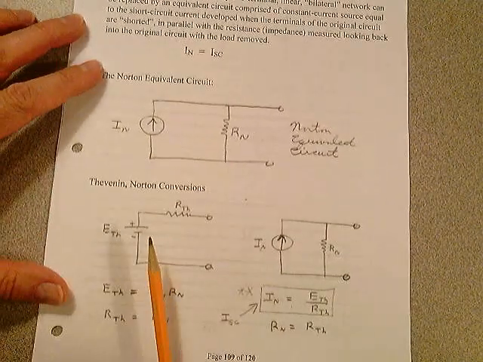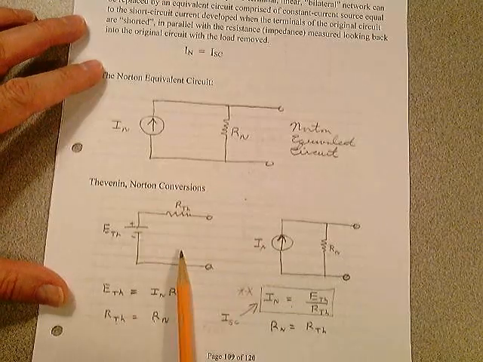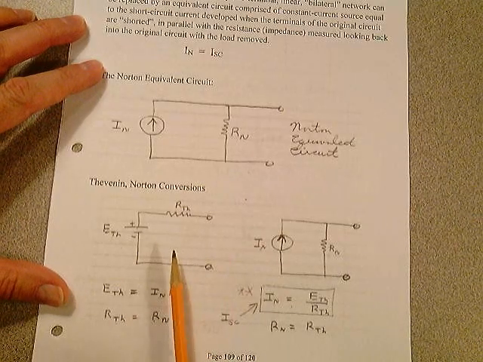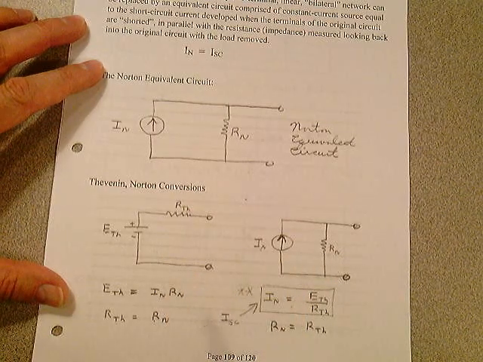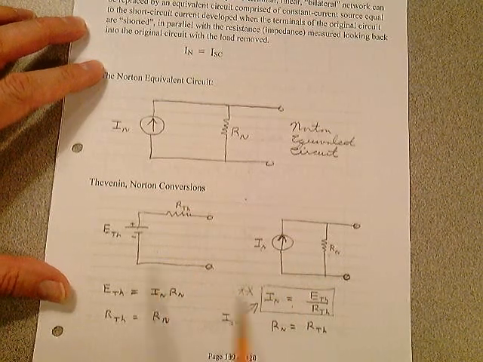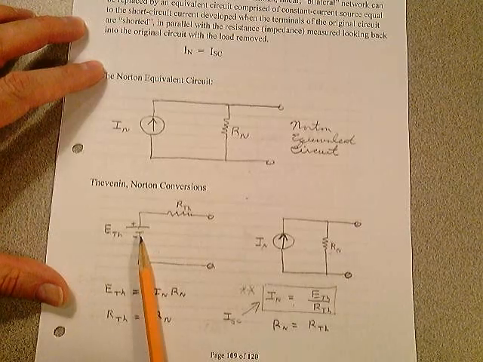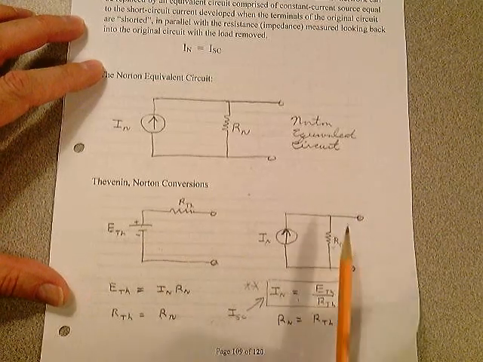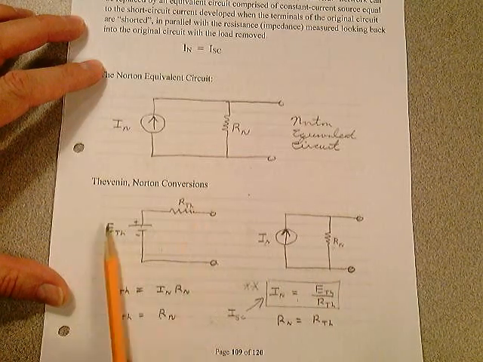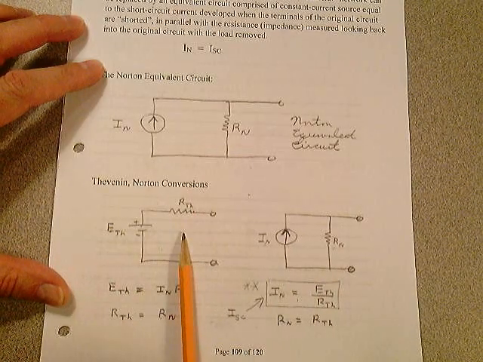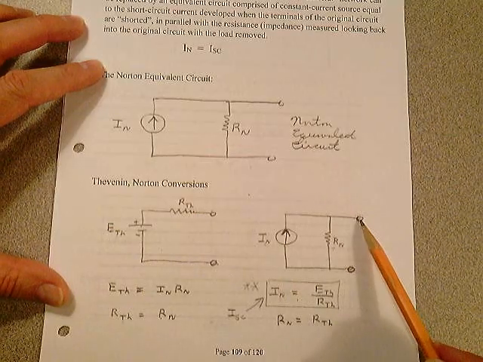If you remember the Thevenin equivalent, it looked like this. And we had source conversions that took it from here to here and from here to here. You didn't know you were doing that at the beginning of the chapter, but if you have a Norton circuit with this current source, we could always go back to the equivalent voltage source by calculating the open circuit voltage.